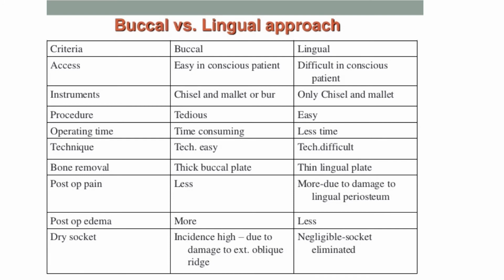Post-operative pain will be less in the buccal approach, whereas in the lingual approach it is more due to damage of the lingual periosteum, and post-operative edema is also more in the buccal approach compared to the lingual approach. Incidence of dry socket will be high in the buccal approach due to damage to the external oblique ridge, whereas it is negligible in the lingual approach as the socket is eliminated.